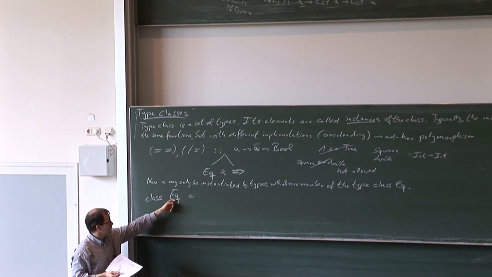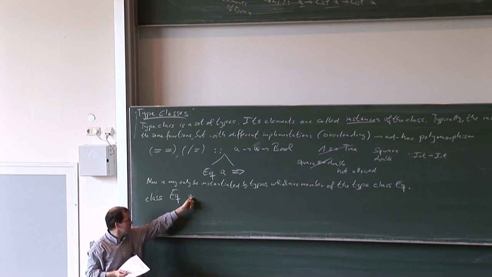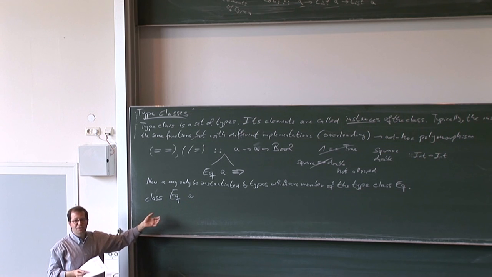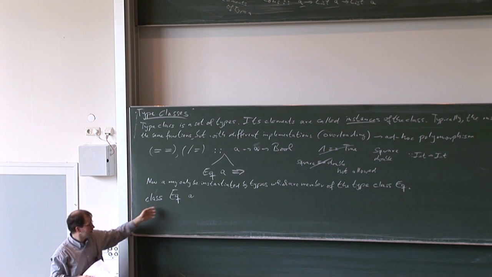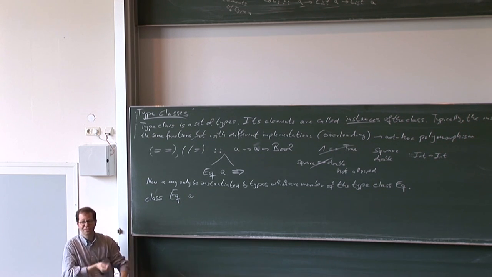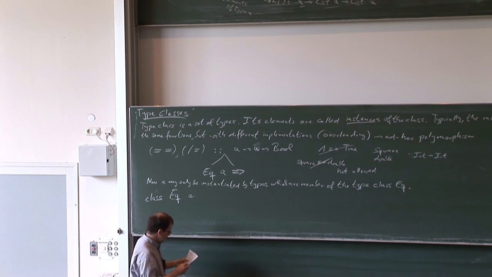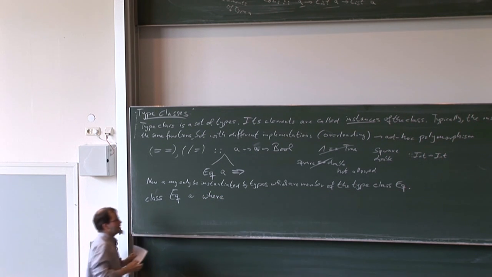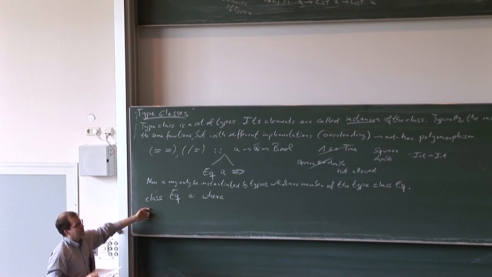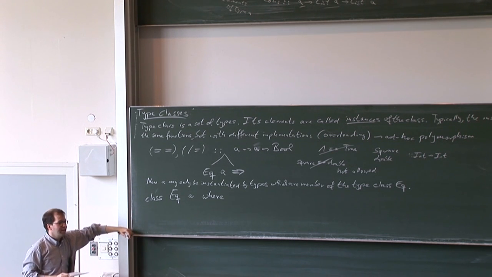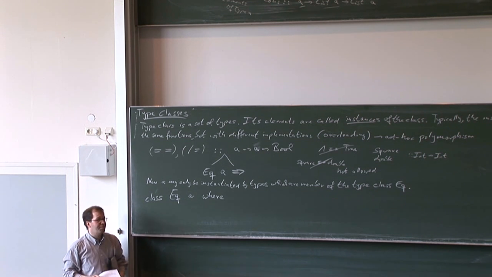You introduce a new type class EQ, and you say, well, if A is a member of EQ, then this type A has certain functions. So for every type, certain functions must be present. These functions are also called methods, so you can see that this is heavily influenced by object-oriented languages. So you would now write the word where, and then after this word where, you can add declarations. And these declarations are present for every type which is a member of this type class.